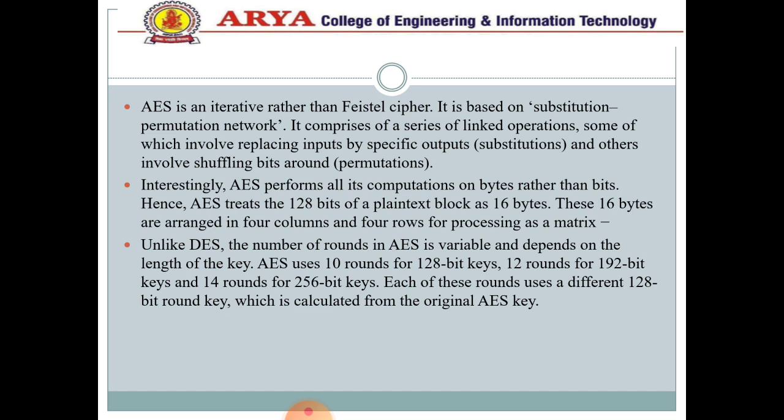Each of these rounds uses a different 128 bit round key. This means that for each round we use a 128 bit key, which is unique for each round, and it is calculated from the original AES key.